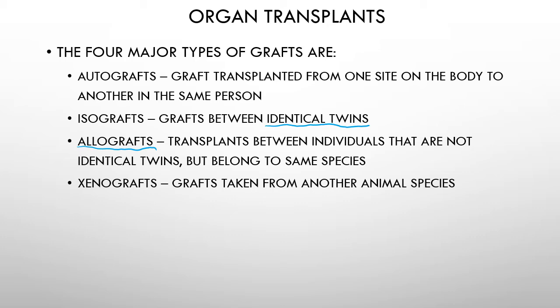Versus the xenograft is from a completely different species. This is oftentimes used in heart valve transplants, and so we can have a pig valve inserted at that point. So this does occur, and our body does have the ability to relatively ignore some of those tissues as well.